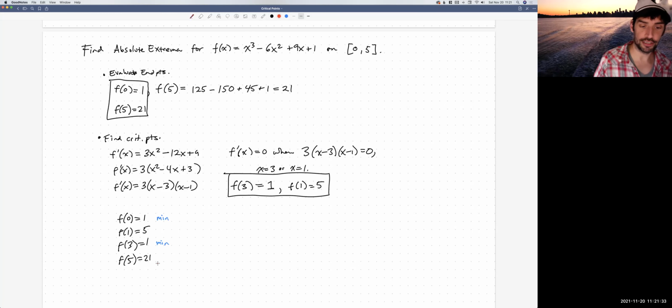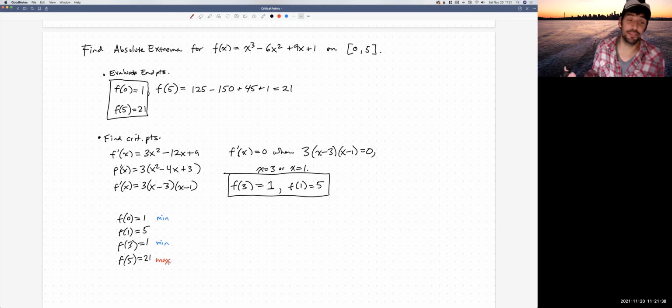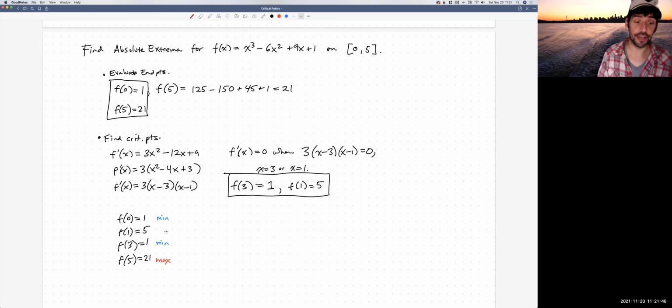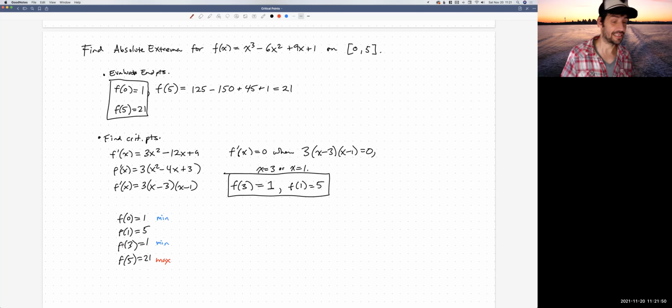Remember when we first talked about maximums and minimums, we can have more than one absolute maximum or minimum because each of these points, f of 0, is less than or equal to every other value of the function, right? It happens to be equal to f of 3, but it's less than all the other ones, right? So this function has two absolute minimums.